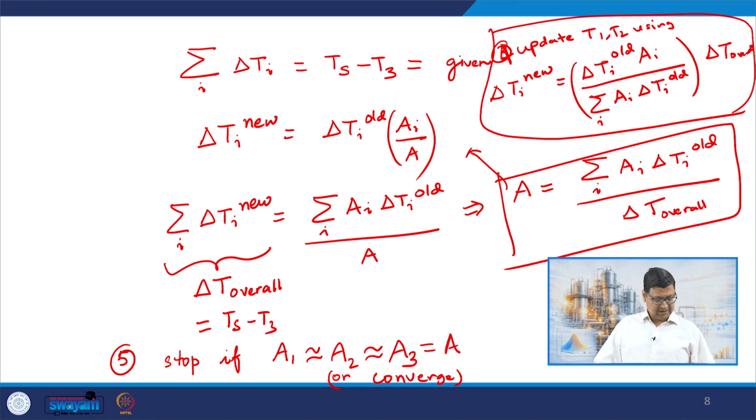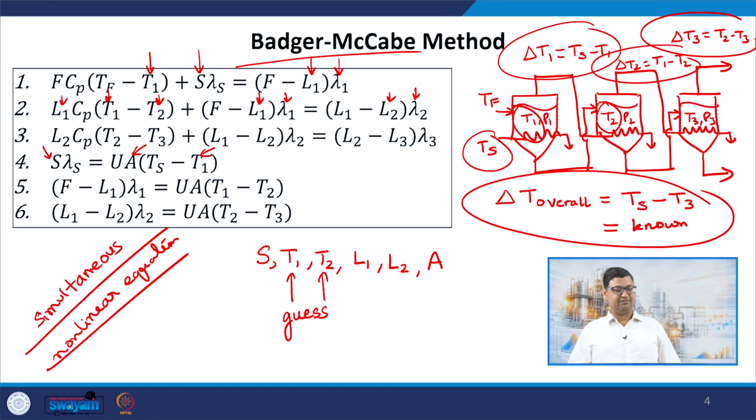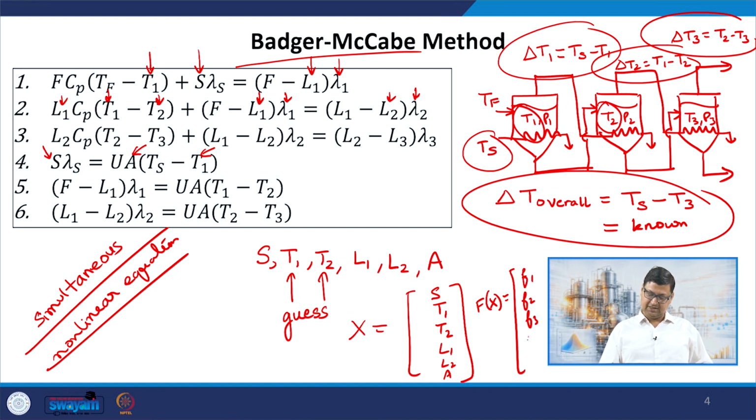There is another way of solving this equation. We could have written the set of equations that we have differently, in terms of a vector of variables x, which is my unknowns S, T1, T2, L1, L2, A, and a vector of functions f(x), which are coming from the 6 equations here, f1, f2, f3, f4, f5, f6.